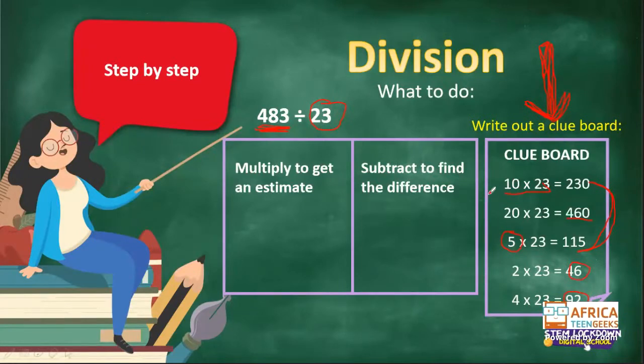Right, I see some people who understand. So the first thing you do when you get any division sum like this is you write clue board, and there you have at least 5 things. You have times 10, times 20, times 5, times 2, times 4. And those things will be easy to get to because I just explained to you. Right, so let's take which of these numbers here on the side is the closest to this number over here, 483.